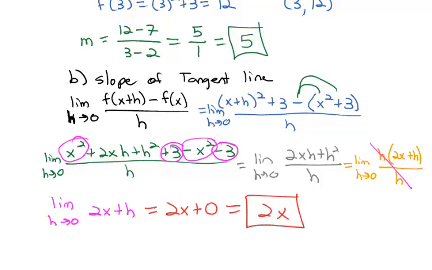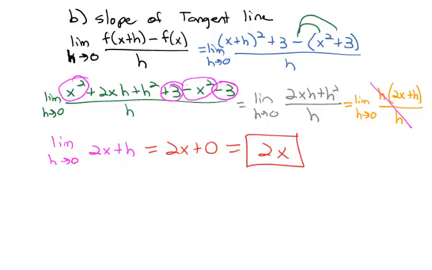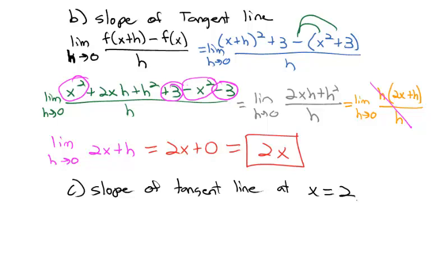So for example, earlier we were interested in the slope between 2 and 3. If we wanted to know the slope of the tangent line at x equals 2, that was the left side of the secant line, we just plug 2 in.